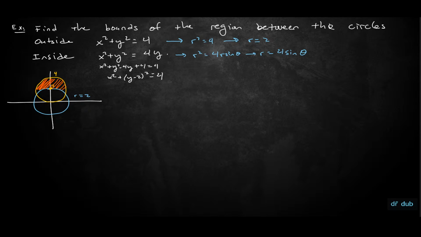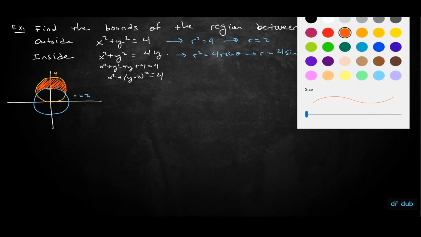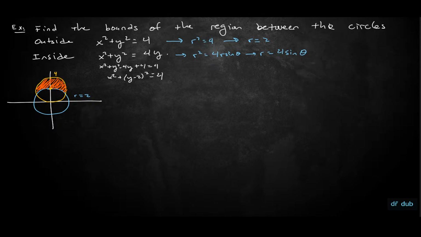So I'm trying to describe this region with some bounds for r and theta. Well, r is going to stay between 2 and the outer circle. So the inner circle to outer circle for r.